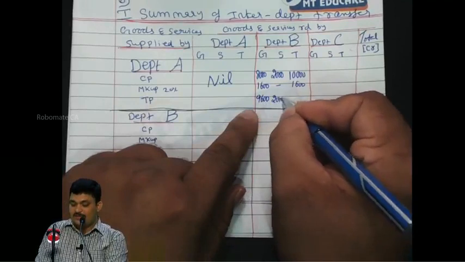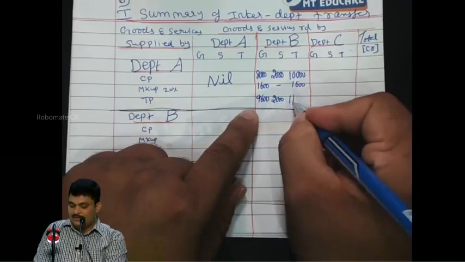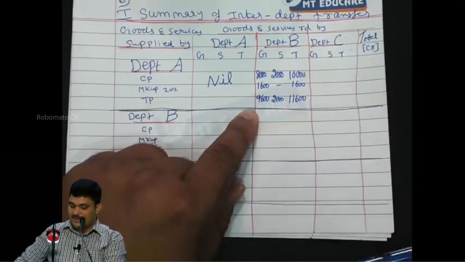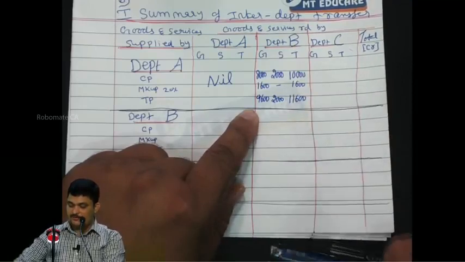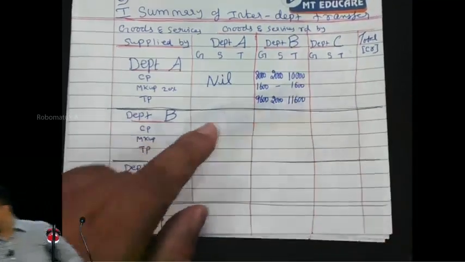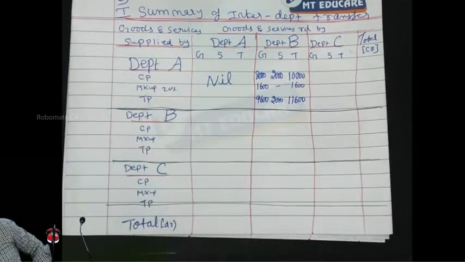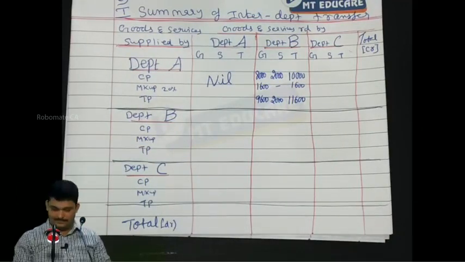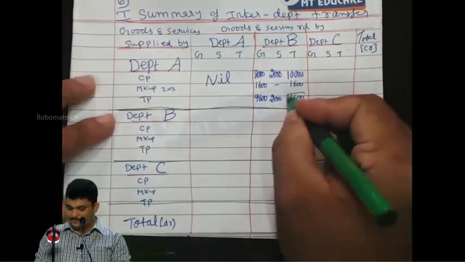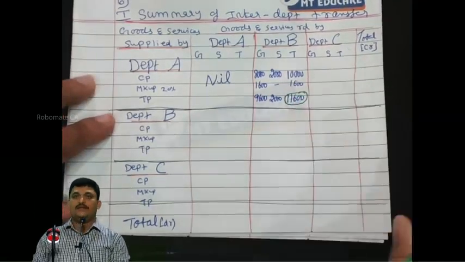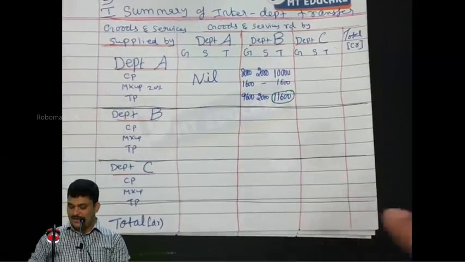Add 2,000 services at cost, 11,600. This 11,600 is what we actually require.